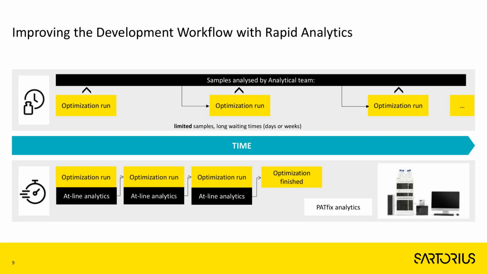So you don't need to send off samples to get an answer to a basic question on, for instance, if you're playing around with buffer compositions to try to improve your recoveries of a chrom step, but rather you analyze samples as they come, and you can have the results within the same day as you're doing your process development optimization run, which allows you to then iterate much quicker.